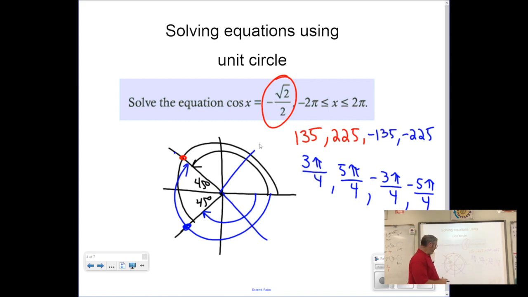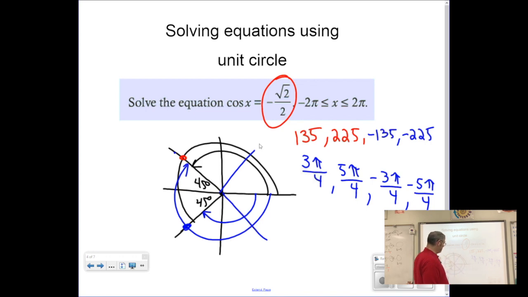So those are all the possible angles that are going to give you a cosine of negative square root of 2 over 2, which is what the question is asking. They're saying what angle or angles are going to give you that cosine going in the positive direction, 2 pi, and going in the negative direction, 2 pi, which is 1 revolution.